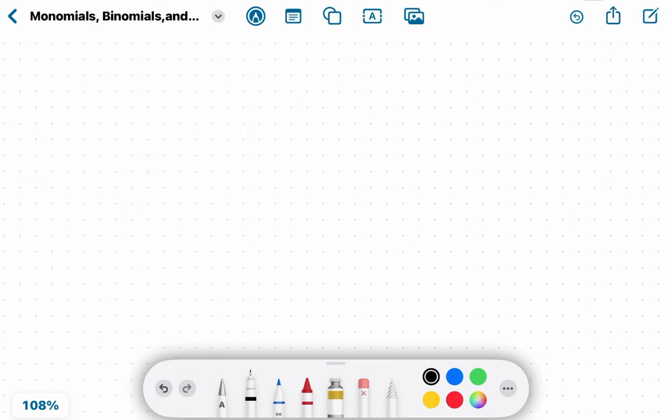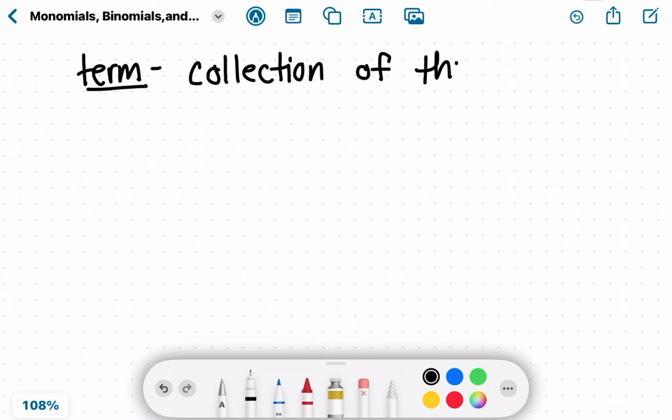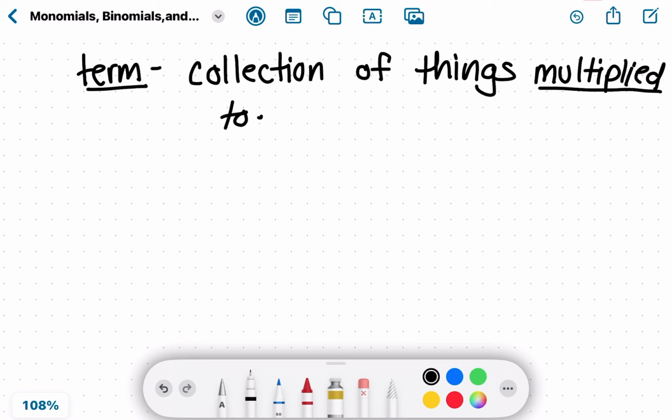The term. You've probably heard of terms before. Generally, in algebra, terms are the collection of things multiplied together. And I stress multiplied.